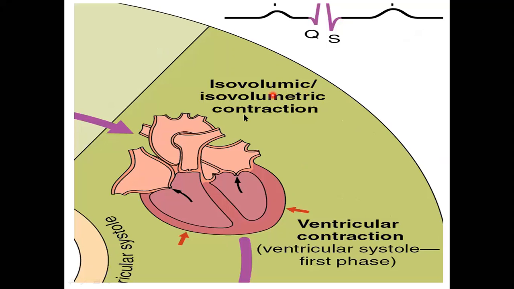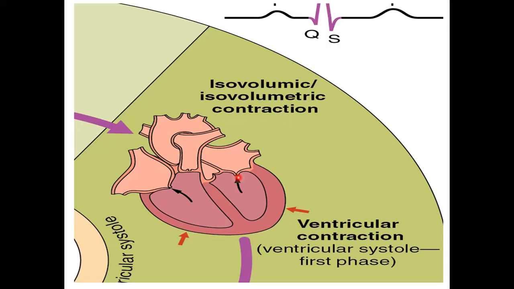In isovolumetric or isovolumic contraction, in response to the contraction of ventricular muscle, the pressure in the ventricles increases very rapidly. In both ventricles, pressure increases very rapidly, but there is no change in the intraventricular volume, because both the auriculoventricular valves are closed.